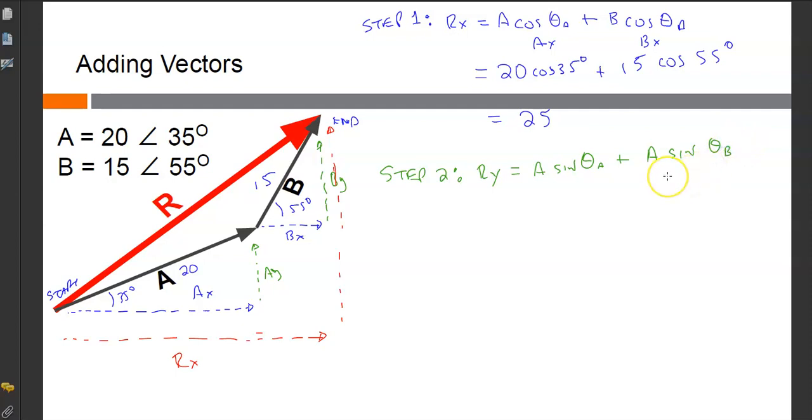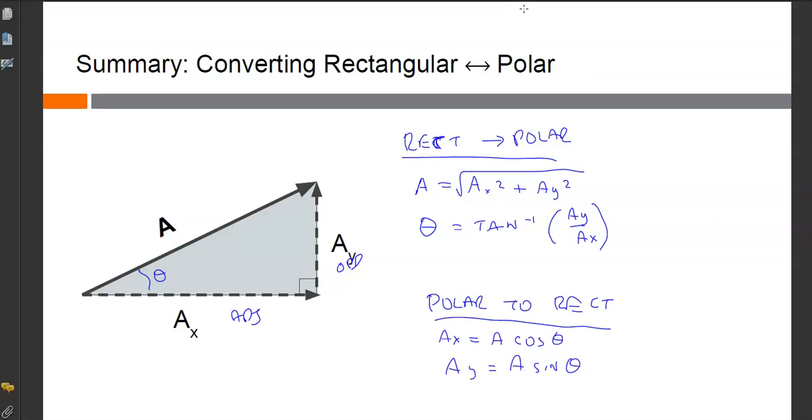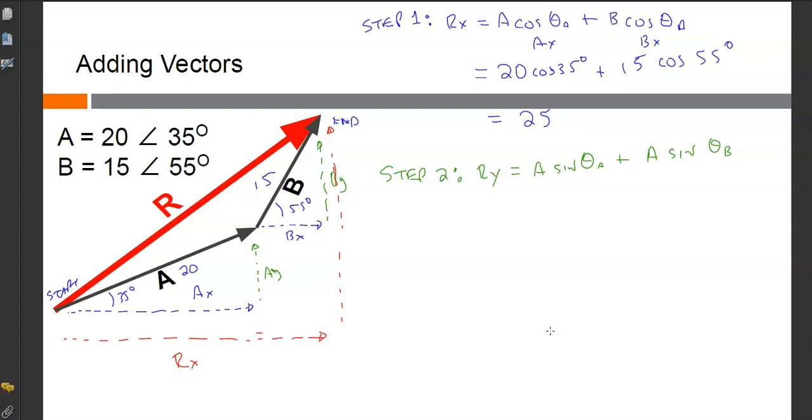All right, let me go back to that last screen. The y component, sine, the x component, cosine. See how that matches up with what we had right here? The x component is cosine, the y component is sine. So unless they go and flip the angle on you, you're kind of safe just always doing it this way. And again, all you got to do is put the numbers in.